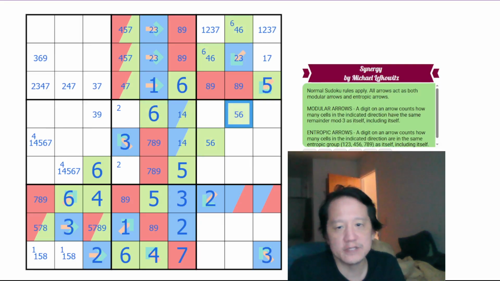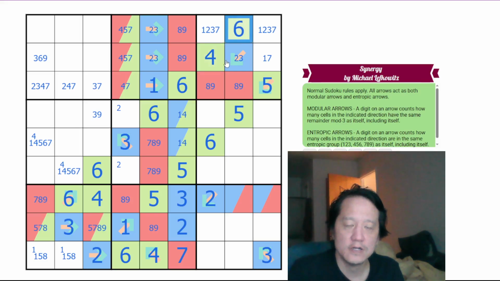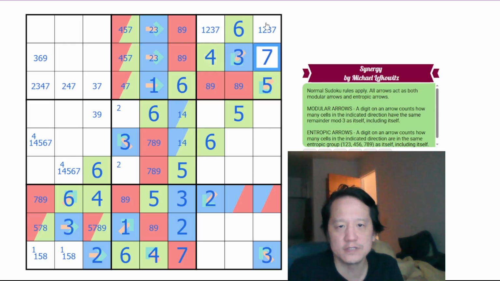Okay, 6 eliminates 6 here. So this is 5, which makes that 6. 6 eliminates 6 here, so that's 4, which makes that 6. So this part must be 3, 4, and 7. So this is 3, that's 7. That leaves this as a 1, 2 pair, which are both low.